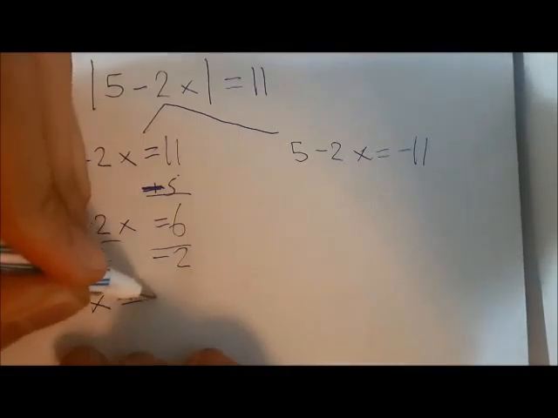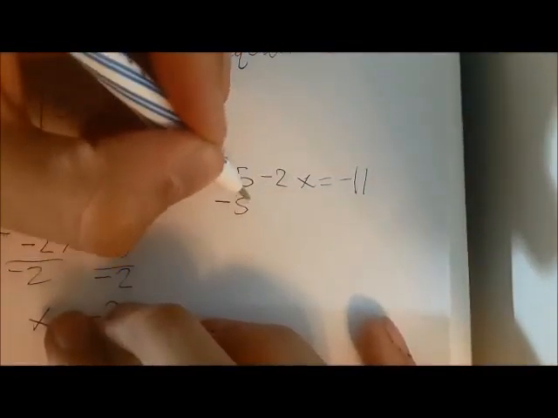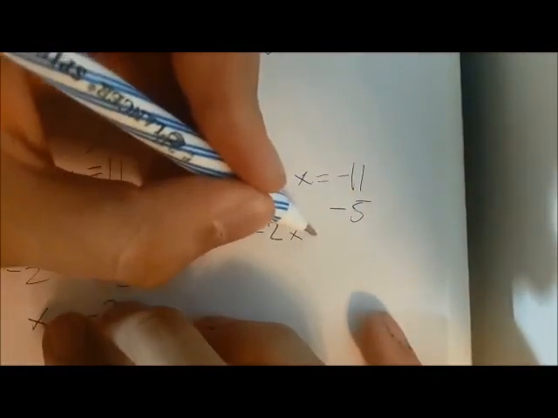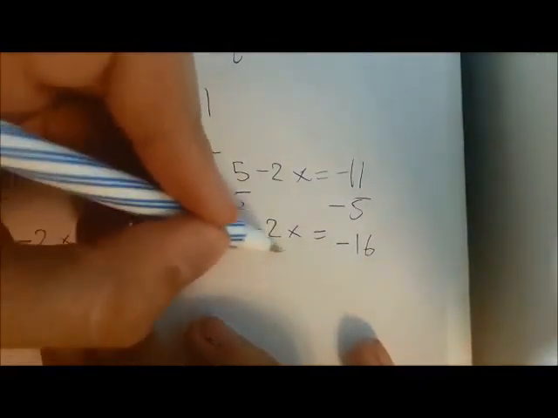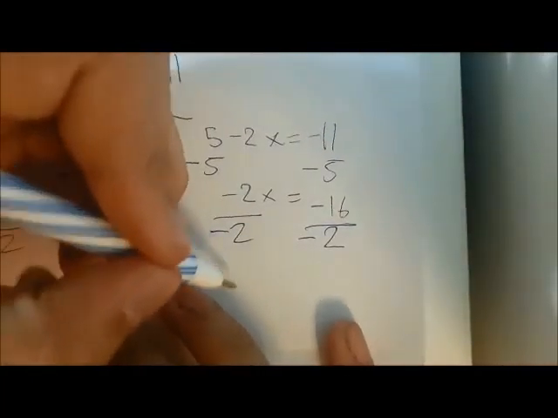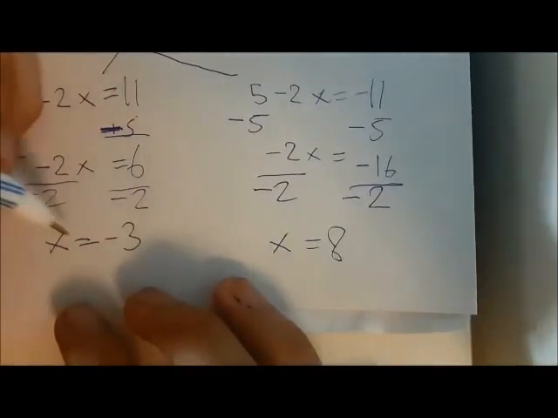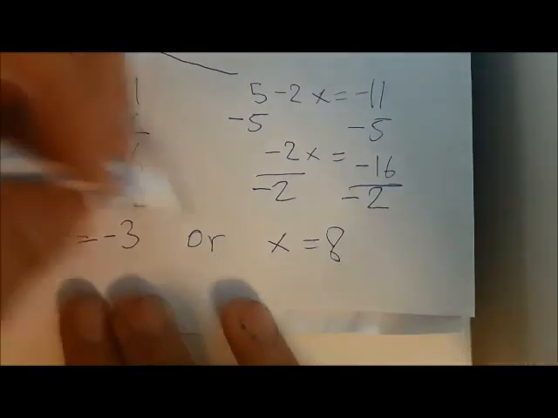X equals negative 3. And doing the same thing on this side, minus 5, 2x equals negative 16. Divide by negative 2, divide by negative 2. Get x equals 8. So this is our answer: x equals negative 3 or x equals 8.